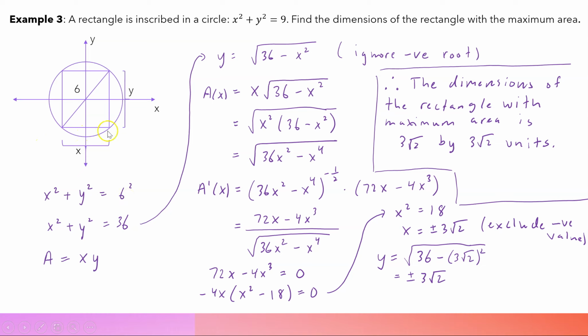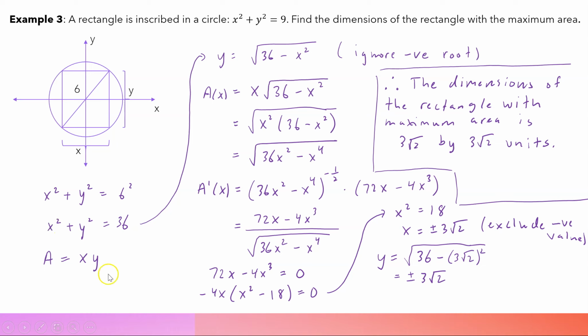That's the Pythagorean theorem for this right triangle. And to find the area of the rectangle, I would just take x and multiply it by y. So area is equal to x times y.